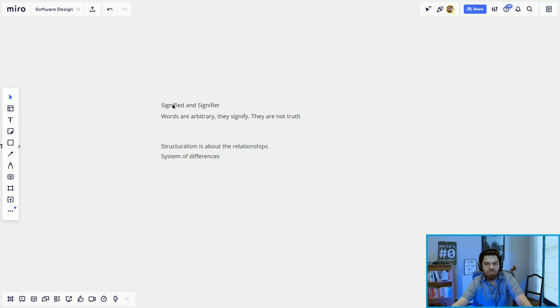So, signified and signifier. Structuralism pointed out that the concept of table and what the table actually is are not as tightly coupled as you might think. The word table is just a word. It is a sound.